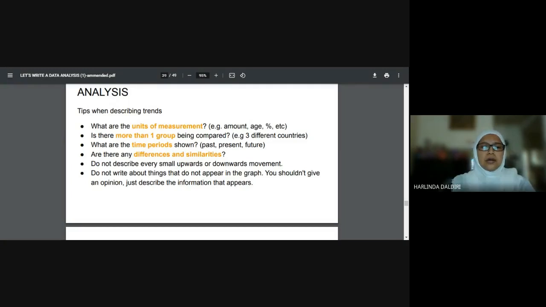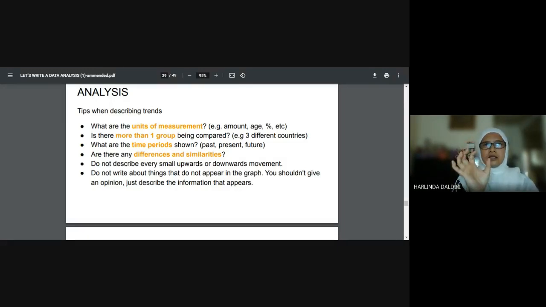Do not write about things that do not appear in the graph. You shouldn't give an opinion, just describe the information that appears. Some students like to give reasons, because maybe they like to write and explain.